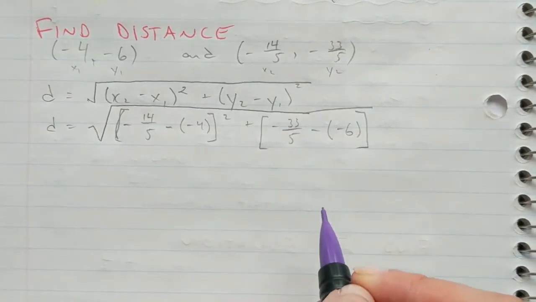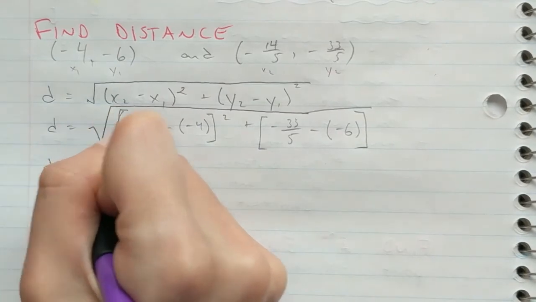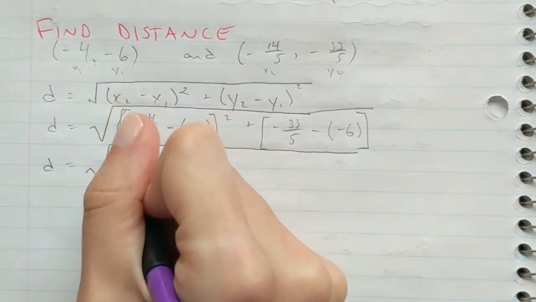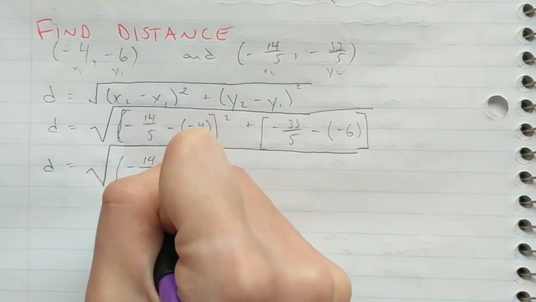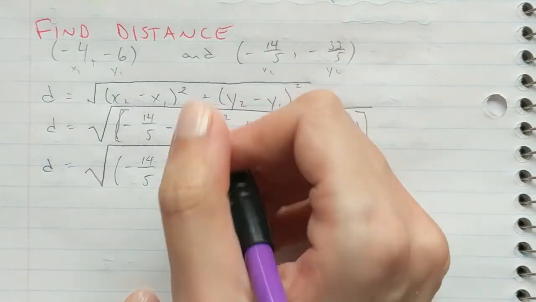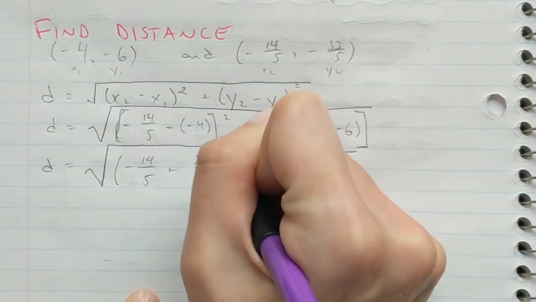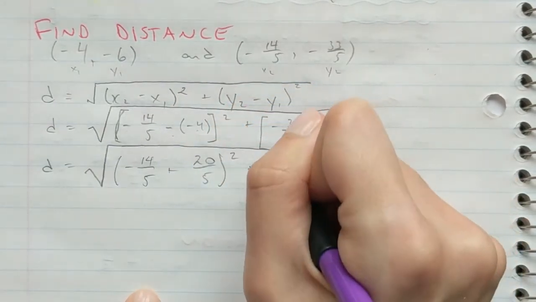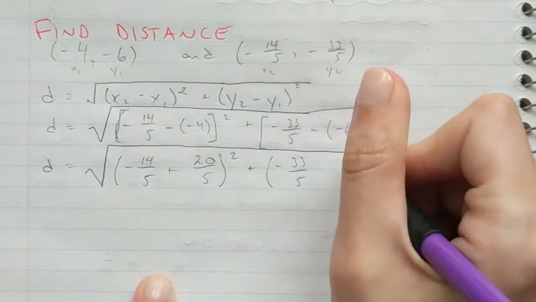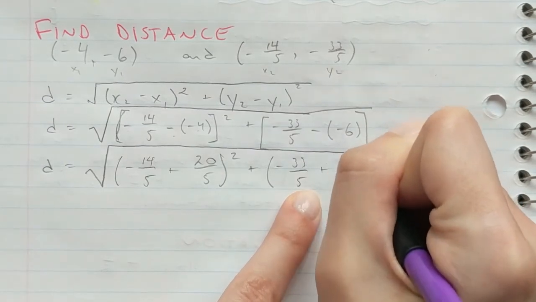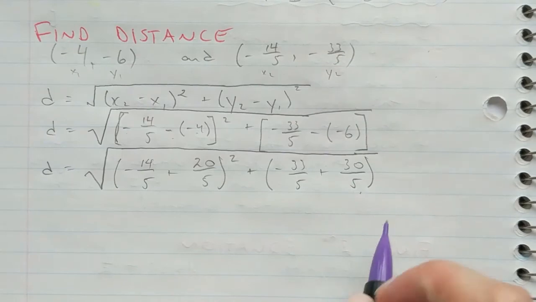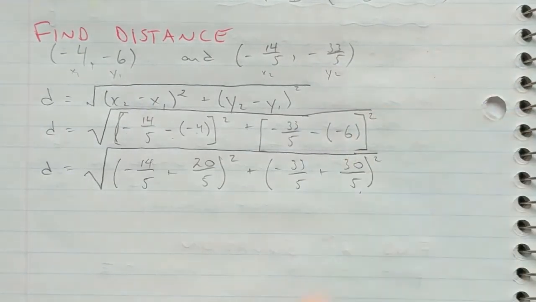Let's go ahead and evaluate, just keep working through. Negative 14 over 5 plus, because we have a double negative, and I'm going to change this immediately to be 20 over 5, squared, plus negative 33 over 5, again plus, and it's going to be 30 over 5 with a common denominator, and this is all squared.